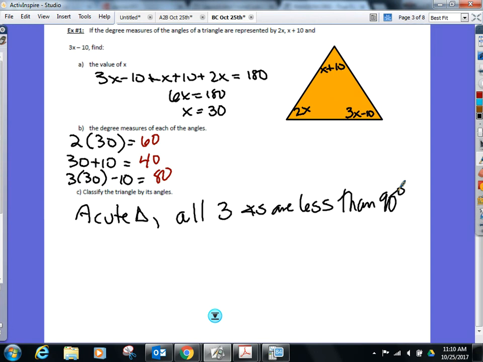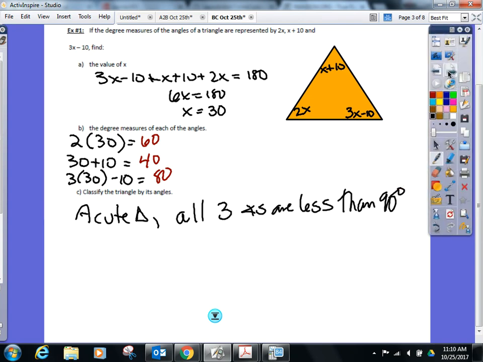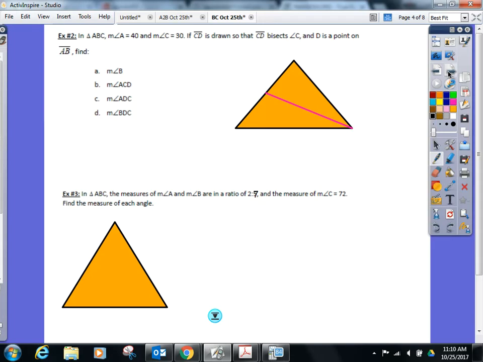Any questions? Now let's start introducing some of the Unit 1 and Unit 2 vocab into here. No diagram is drawn, so we're going to have to draw our own triangle ABC.